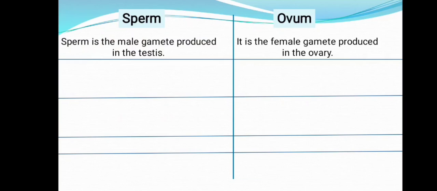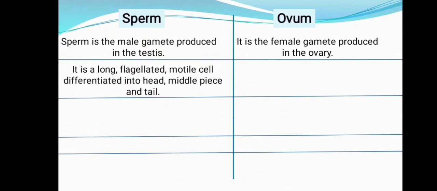So let us study the differences between these gametes, that is sperm and ovum. Sperm is the male gamete produced in the testes, and ovum is the female gamete produced in the ovary. Sperm is a long flagellated motile cell differentiated into head, neck, middle piece and tail.